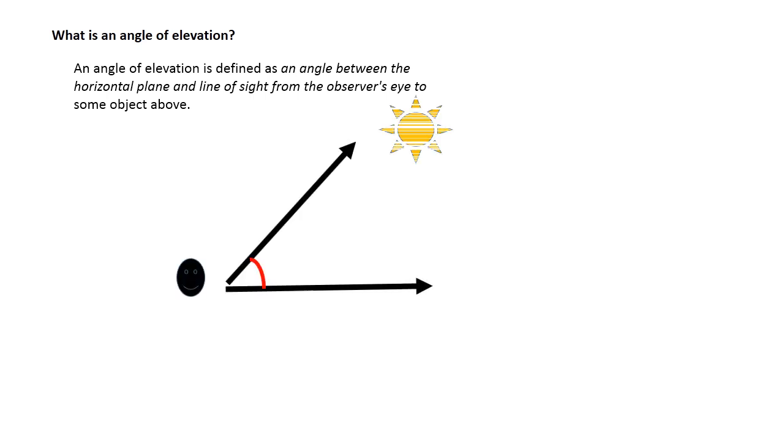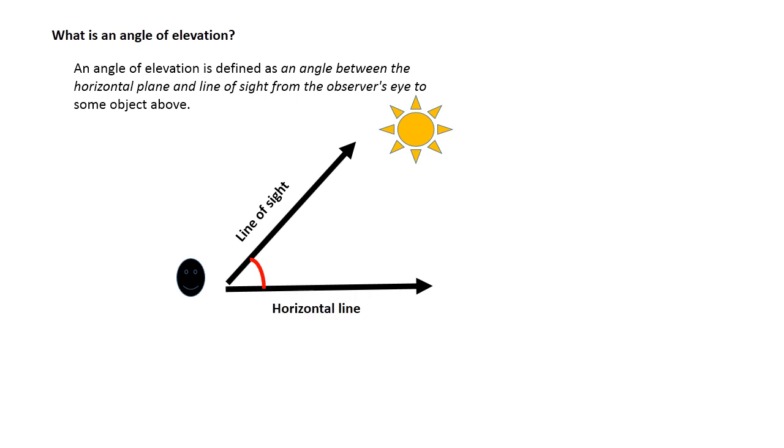Number one, what is an angle of elevation? An angle of elevation is defined as an angle between the horizontal plane and the line of sight from the observer's eye to some object above. So here, this is the sun, the object, that's the line of sight.